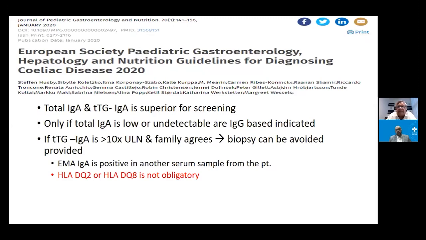If TTG IgA is more than 10 times the normal and the family disagrees, then biopsy can be avoided, provided EMA IgA is positive in another serum sample from the patient. They also mention that it's not obligatory to do HLA-DQ2 or HLA-DQ8.